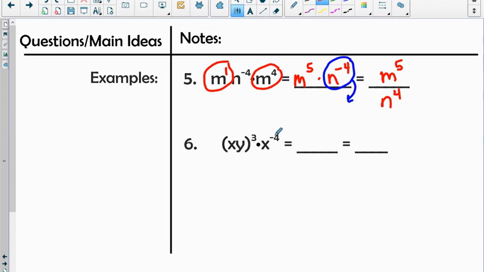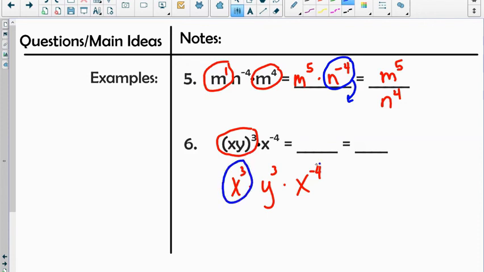Well, let's start by simplifying where the parentheses are. We have x times y, and that was each raised to the 3rd power. Okay, so that's just simplifying this portion of it. And then we still have x to the negative 4th power as part of it. I just want to bring that down. All right, so now I look at that and I see that I have 2 powers with x.